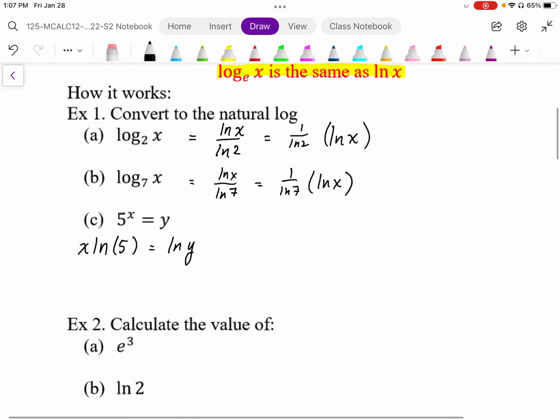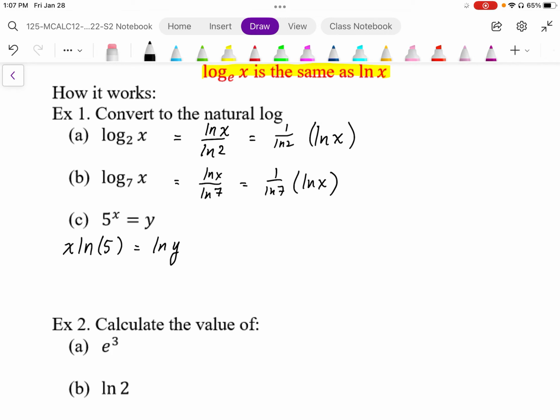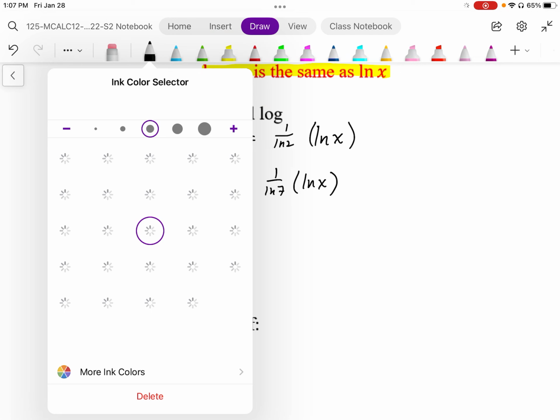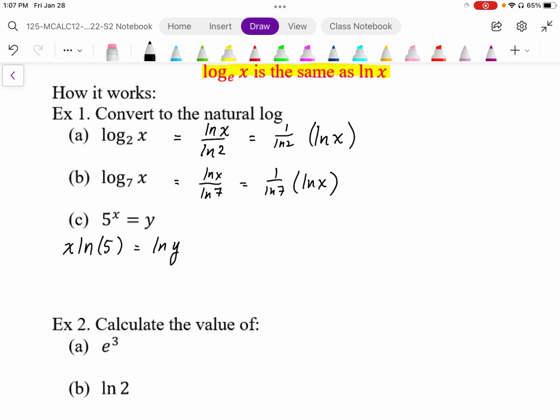We could put this into exponential form by using the base e. So if I rewrite this expression here, and I rewrite this as log base e of y, then I can convert this into an exponential expression. Base e, so there's my base, that's my base.